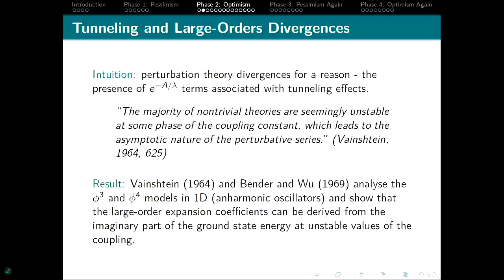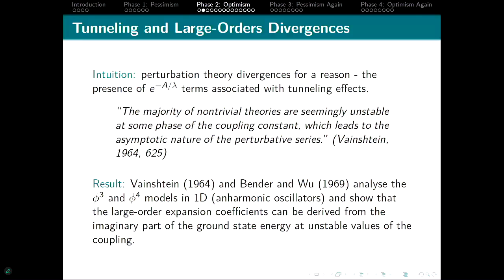So terms like an exponential of 1 over lambda; that's the form that these intrinsically non-perturbative terms are often written in. If you do a series expansion of this, you would just get zeros. So it doesn't appear in the series expansion at each order. It's invisible from the point of view of the perturbative expansion. But it's going to be linked to the large order behavior. So the divergent large order behavior is tied to these non-perturbative terms.